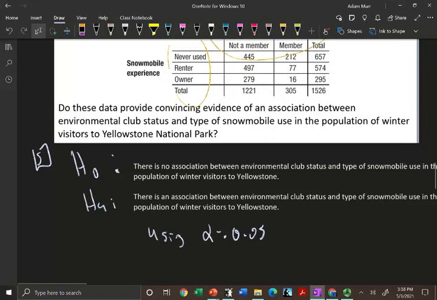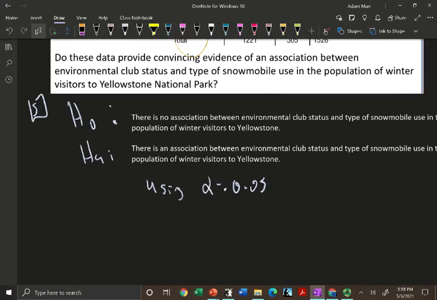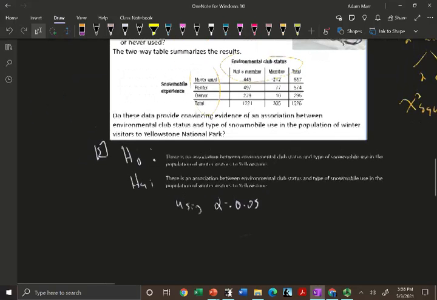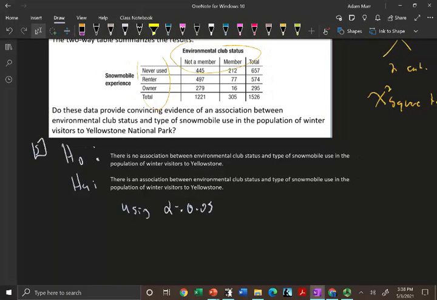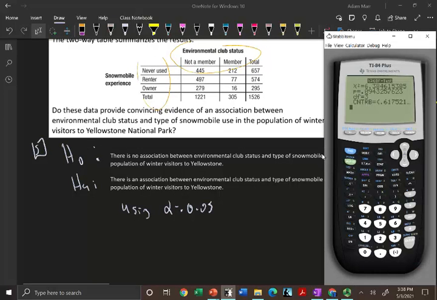Okay, so the actual calculator part of this is done just like homogeneity. Remember, we just go to second, matrix, edit. This is a 3x2 matrix. So we just put everything in here: 445, 212.